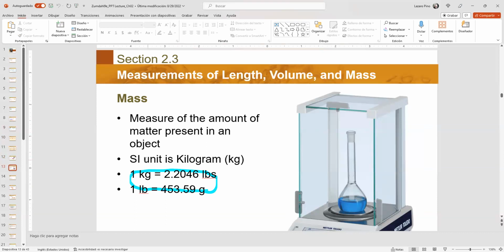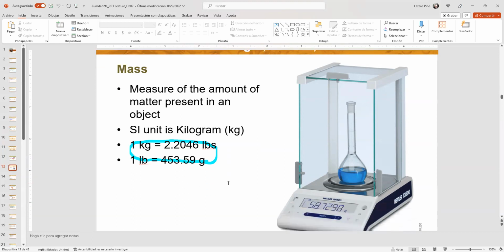The mass is expressed in kilograms, as I told you before. The equivalence into the English system is that 1 kilogram is 2.2046 pounds, or in other words, 1 pound is equal to 453.59 grams.